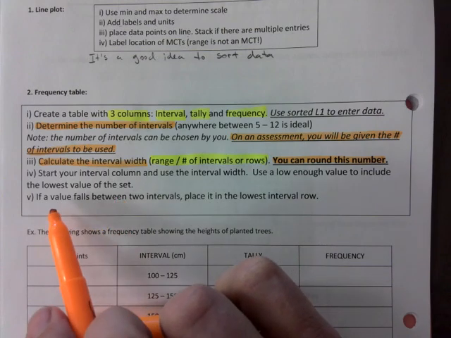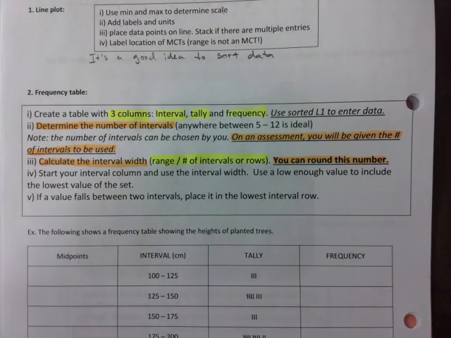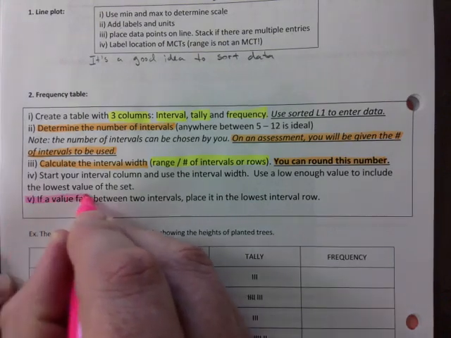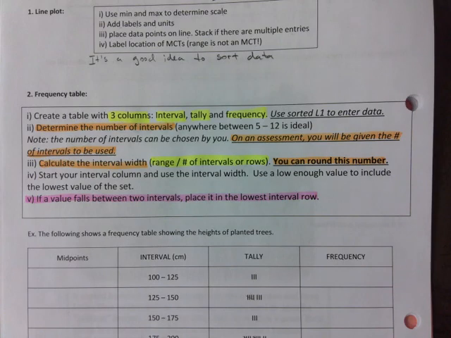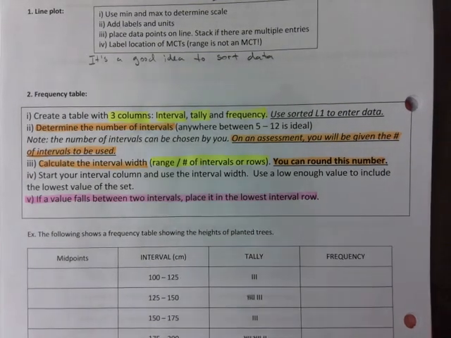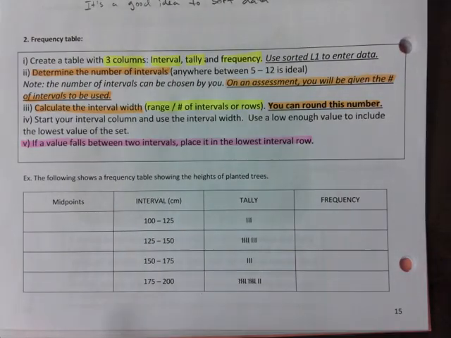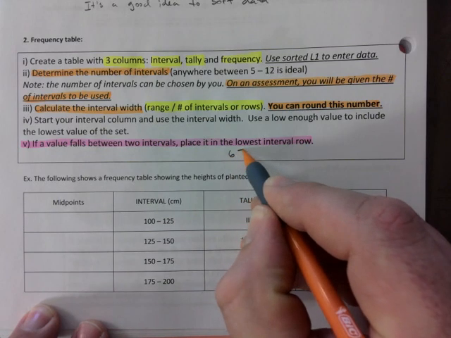That's also important. If a value falls between two intervals, place it in the lowest interval. I'm going to use a different color for that one because this comes up quite often. If a value falls between two intervals, we always put it in the lowest one. What are you talking about there, Mr. Dixon? So let's imagine you have 65.